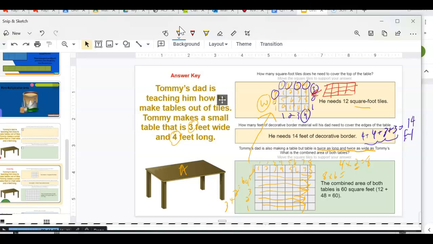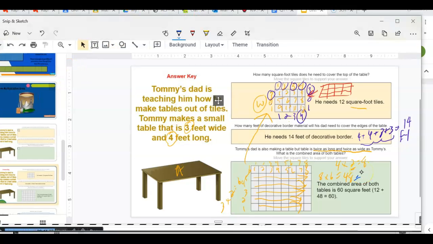Okay, which is 48 for this one. So our area down here is 48. And remember, our area up here was 12. So that's where we get the 48 plus the 12, with the double one down here, and a total of 60 combined.